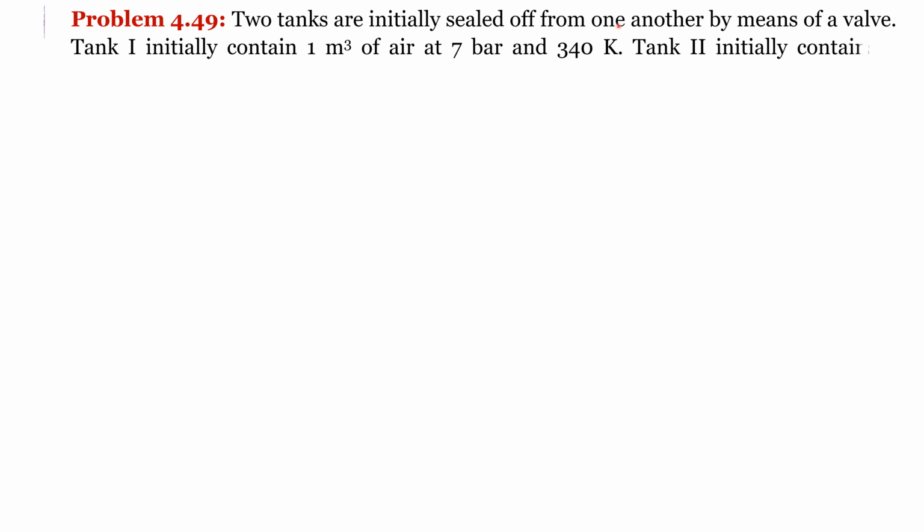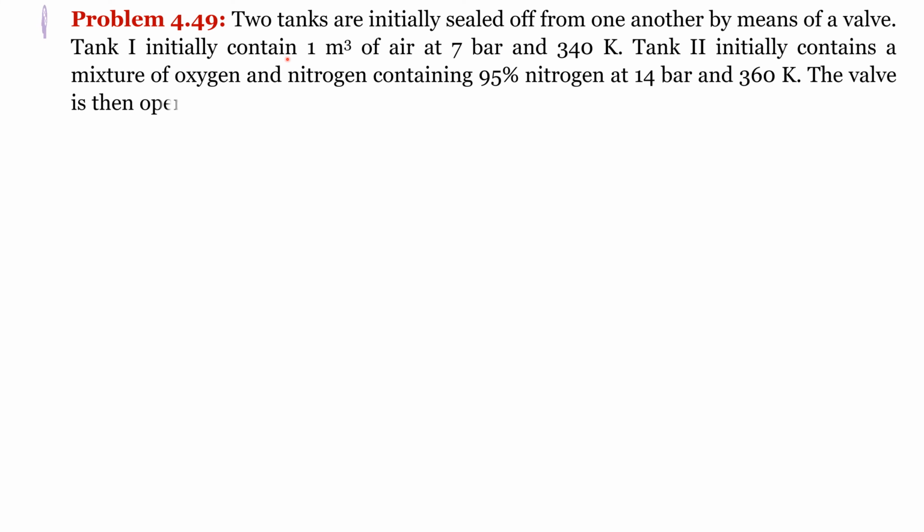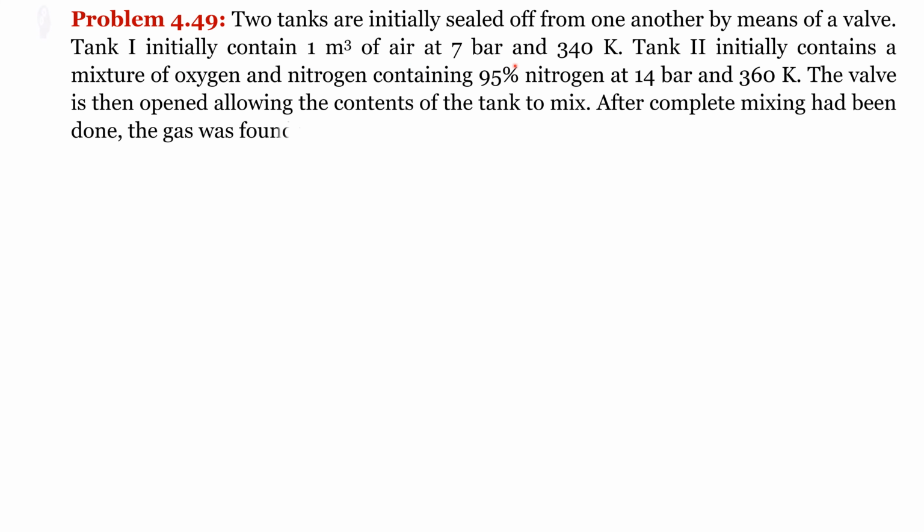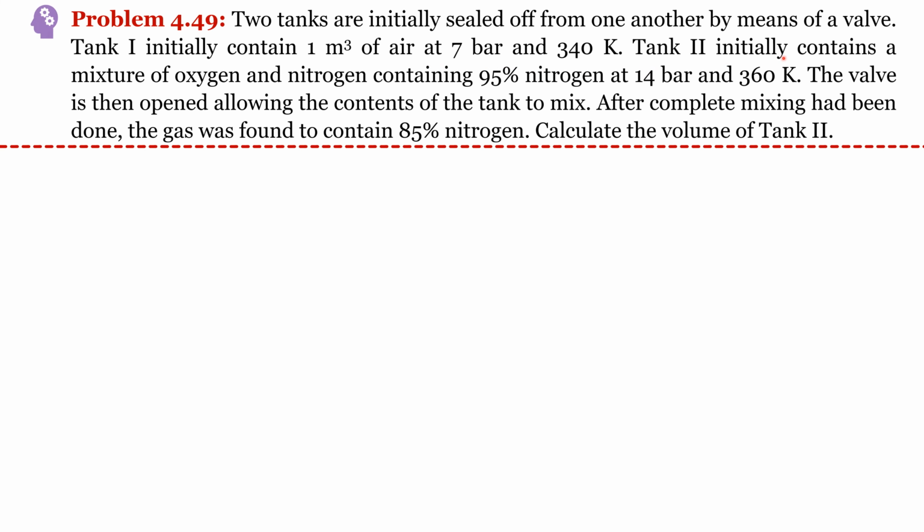Problem number 4.49. Two tanks are initially sealed off using a valve. Tank 1 initially contains 1 meter cube of air at 7 bar and 340 Kelvin, and tank 2 contains a mixture of oxygen and nitrogen which contains 95% nitrogen at 14 bar and 360 Kelvin.